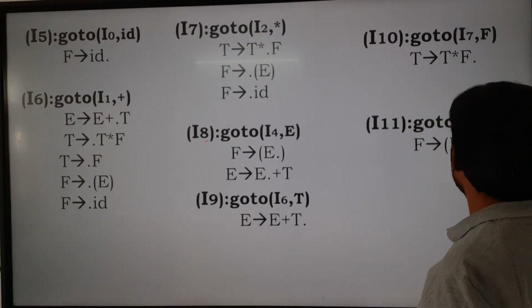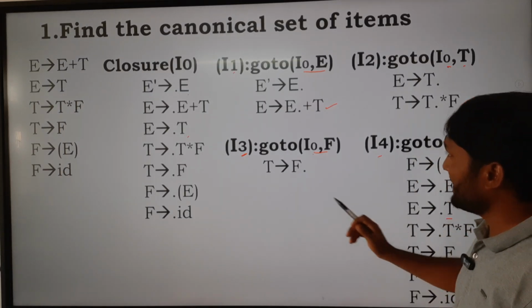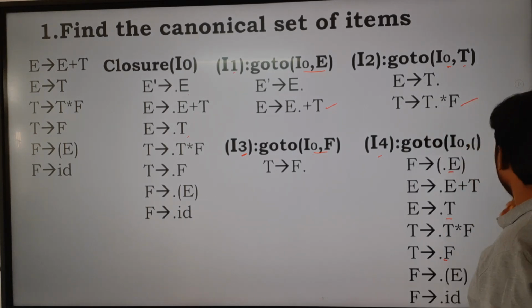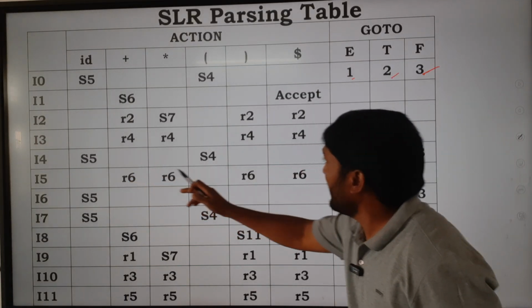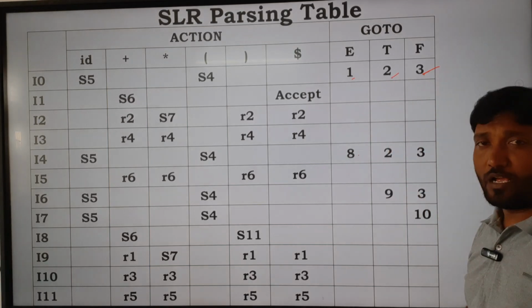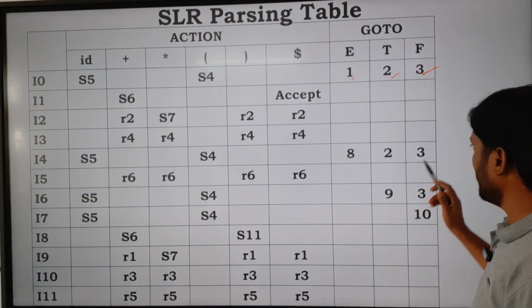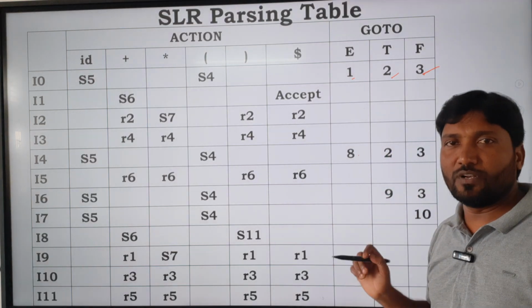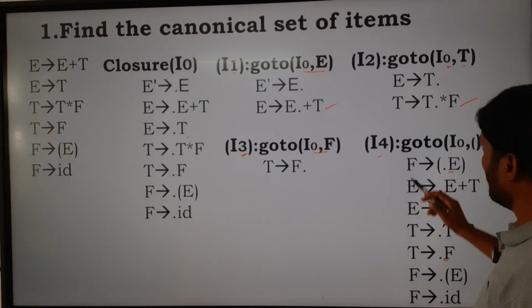Next, in I4 there is a T, which ends in I2, so 4 comma T is filled with 2. Similarly, F ends in I3, so 4 comma F is filled with 3. I4 is over.